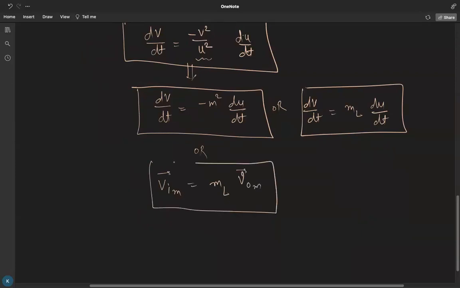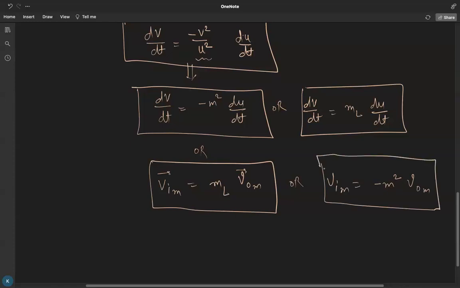Or, velocity of image with respect to mirror is equal to minus m square, where m is the transverse magnification, times velocity of object with respect to mirror. These are all the same.